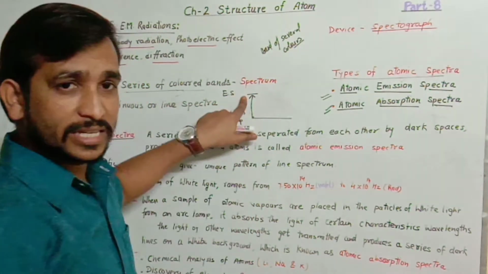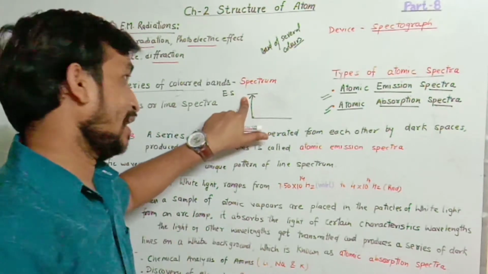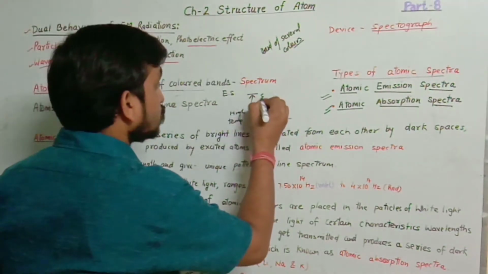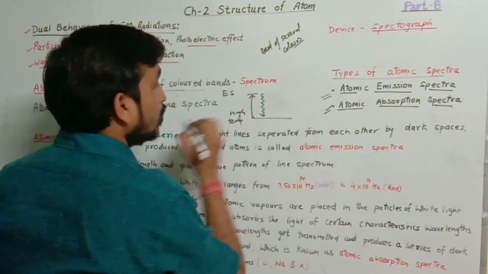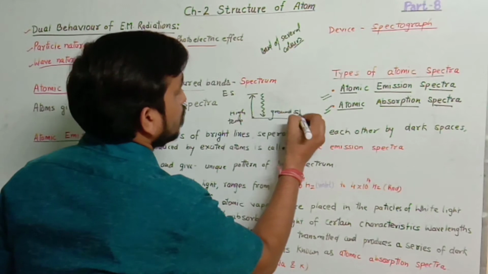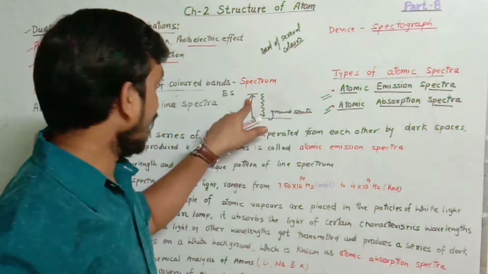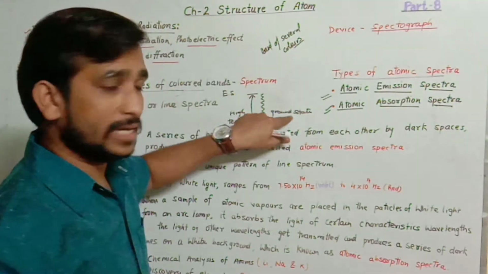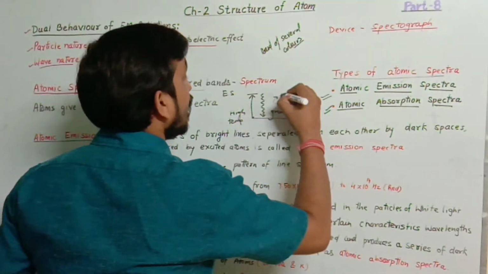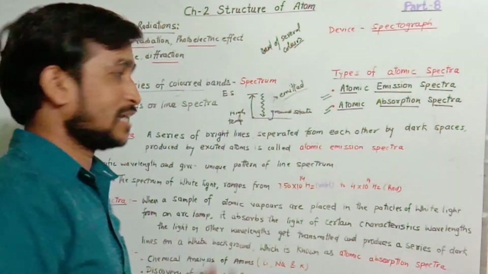So whenever this excited state of the atom, which is super energized, returns back to its ground state, this is the ground state, so whenever this excited or super energized electron or atom comes back to its ground state, it may emit certain kinds of spectrum.